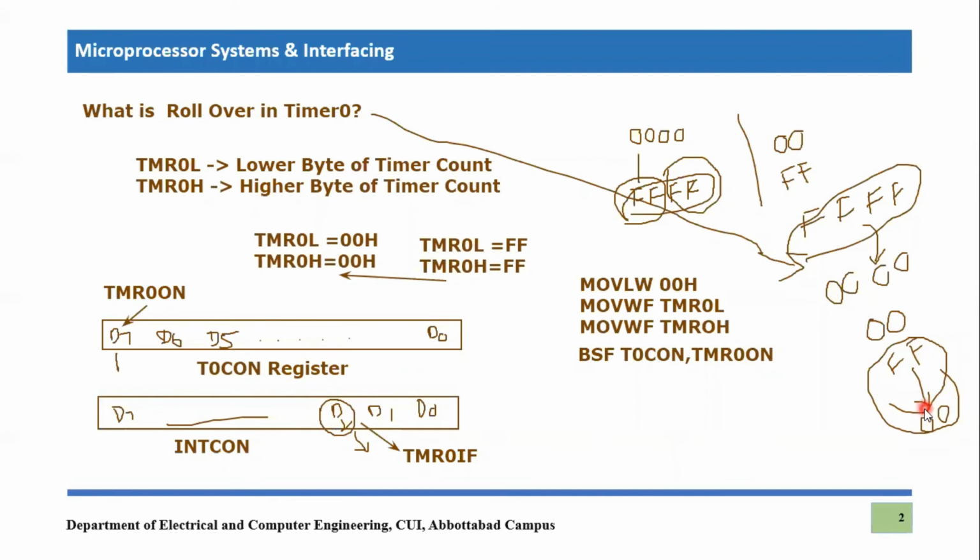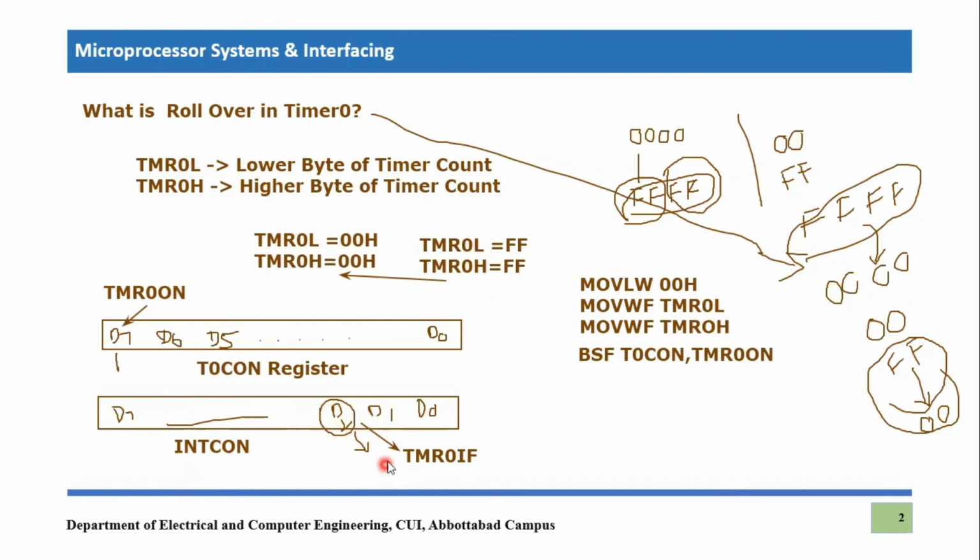When this rollover happens, in 8-bit mode FF will be converting into 00, or if we are using 16 bits, 4 times F will be converting into 4 times 0. When these points happen, either in 8-bit or in 16-bit, this bit Timer0IF is affected. Where is this bit? It is present in the interrupt control register, in its D2 bit: D0, D1, D2.